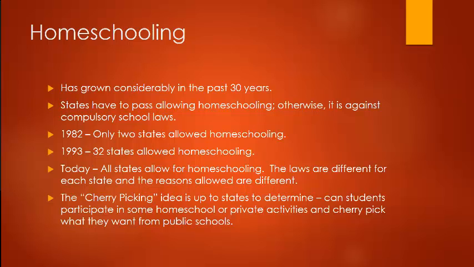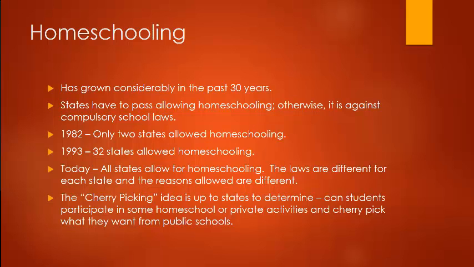One of the interesting things that the text does bring out is this concept of cherry picking. And again, this is up to the state to determine. And cherry picking, what we mean by that is allowing students who are homeschooled to actually enjoy the benefits of being homeschooled and the benefits of public school.